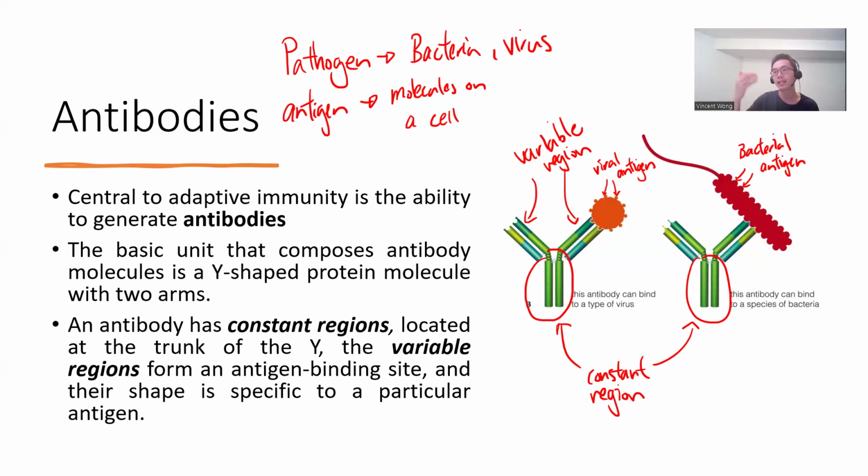By recognizing the antigens that do not belong to the body, the antibody will be able to tag the bacteria or tag the virus. Is that point clear? Please ask questions before we move on, if it's confusing.